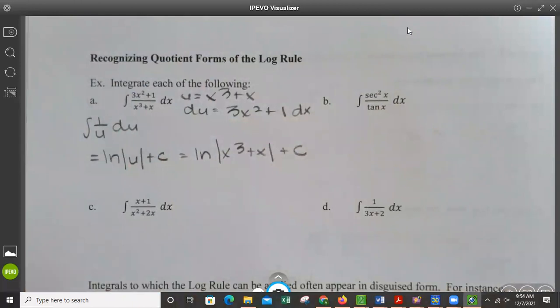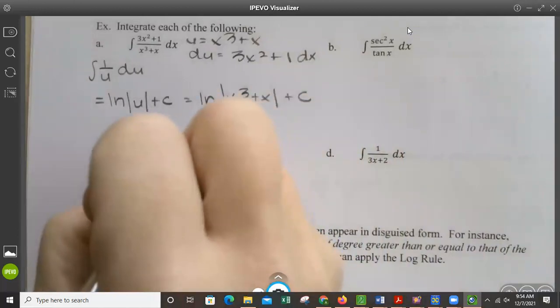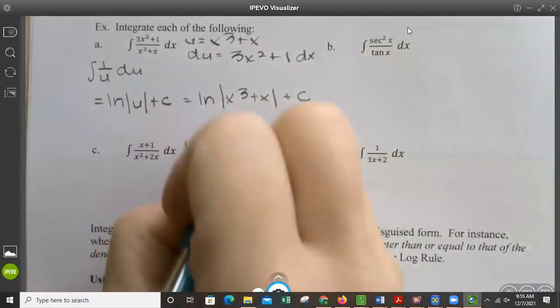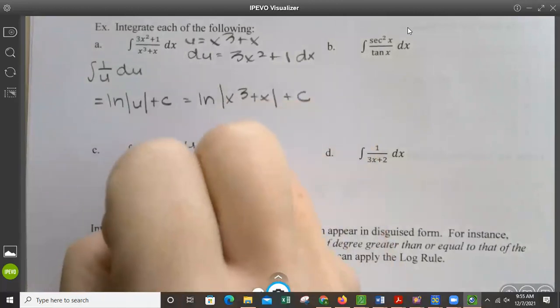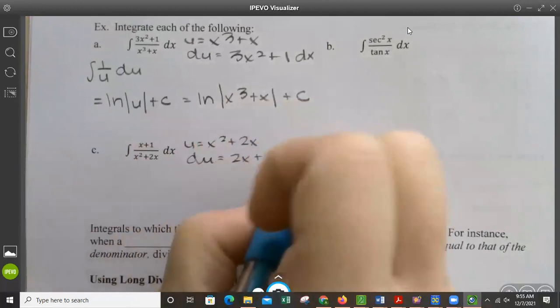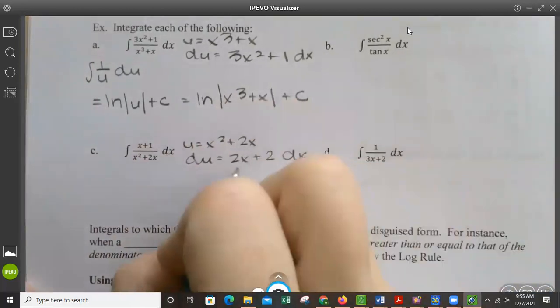I'm going to jump down to C. We'll come to the trig functions in a minute. Which one is going to be your u? The bottom. Because when I take the derivative, I get 2x plus 2 dx, but I just want x plus 1. So how can I make that look like x plus 1? Divide by 2.